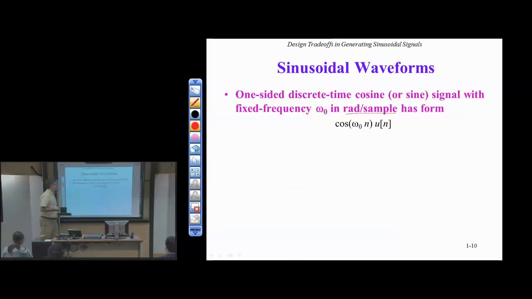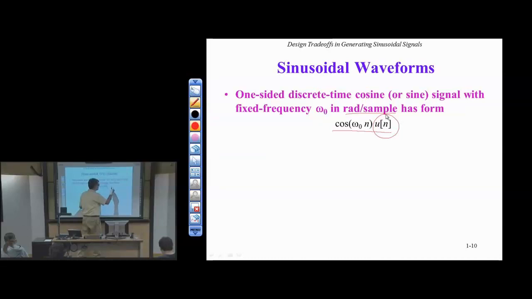So the function or signal that we want to generate has a pretty simple mathematical form, which is this. It's just a one-sided cosine. The one-sidedness is enforced by the step function, right? The step function is nicely defined in discrete time.